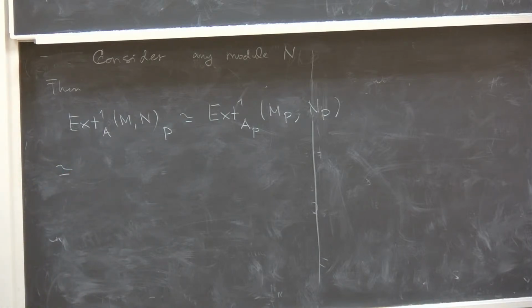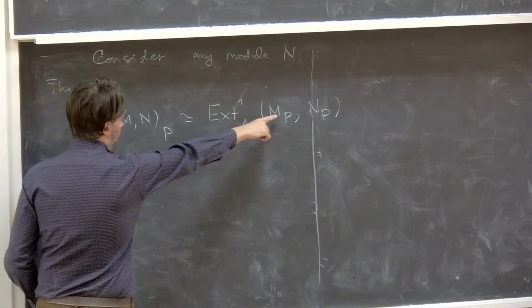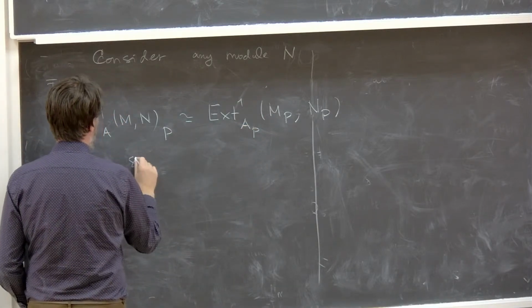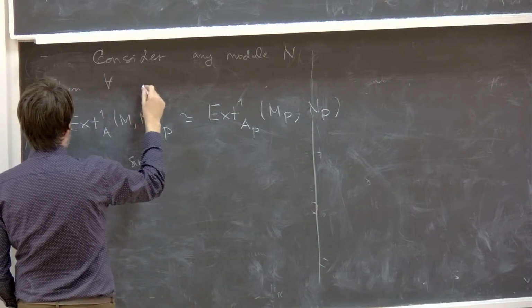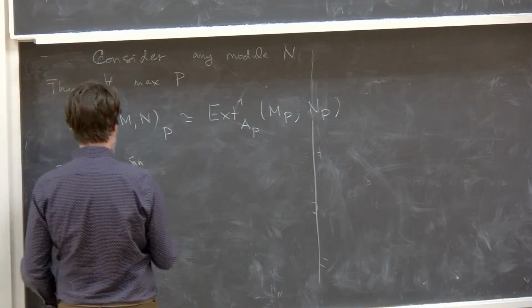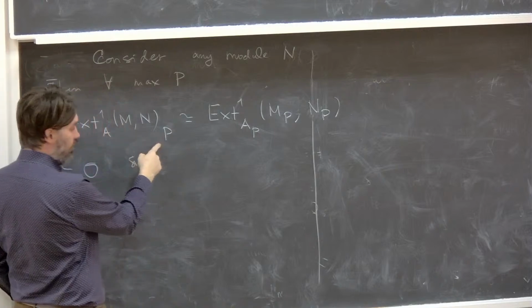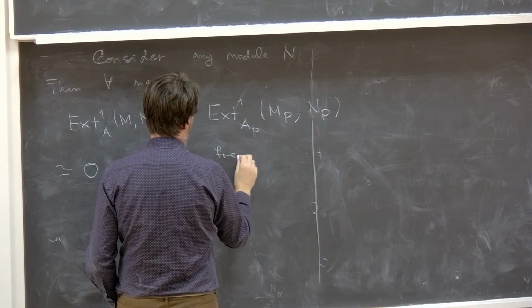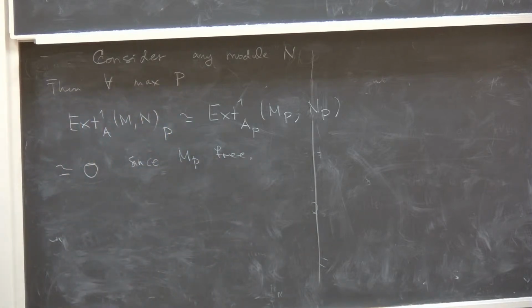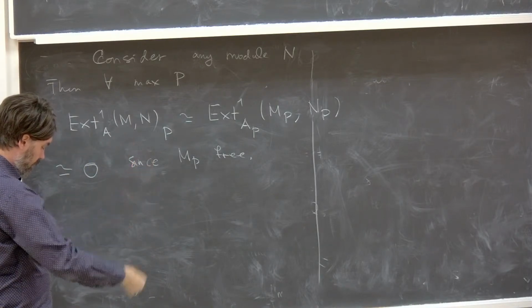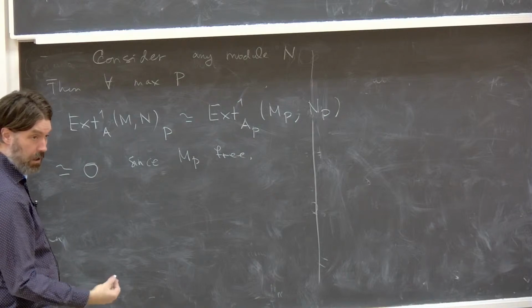Then this is 0 because MP is free. So this is for all maximal ideals P. This Ext1 vanishes. The localization of the Ext1 vanishes since MP is free. And now it's a general fact that if I have a module whose localizations at all maximal ideals are 0, that module itself is 0.